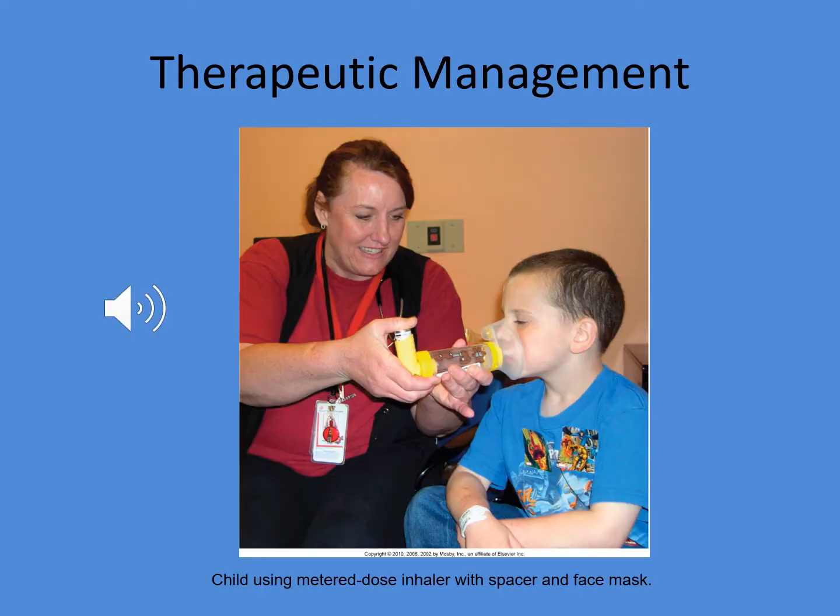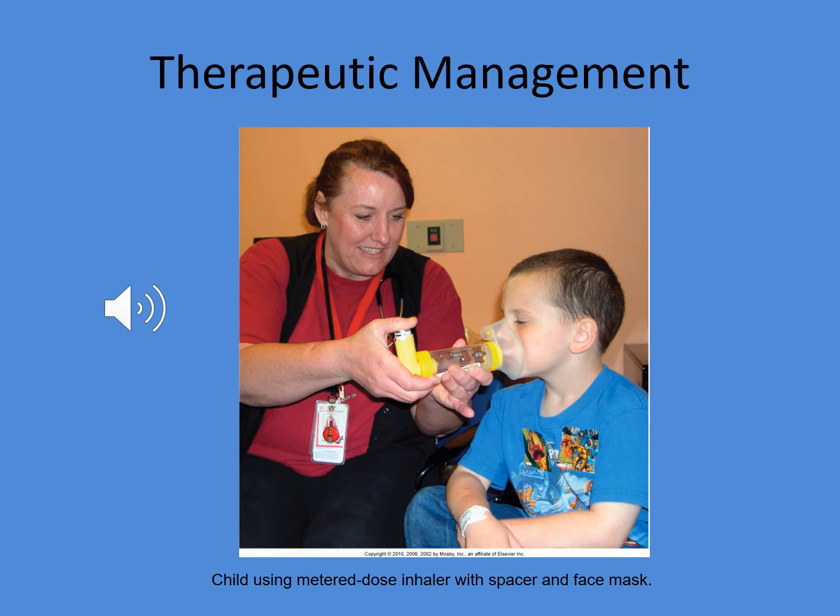In regards to therapeutic management with asthma, our primary goal in asthma management is prevention of airway inflammation. So for your blank, airway inflammation. The child who has mild intermittent asthma, so an example of that would be like maybe exercise-induced asthma, they can be prescribed an inhaled short-acting beta agonist like albuterol, PRN, or just as needed.